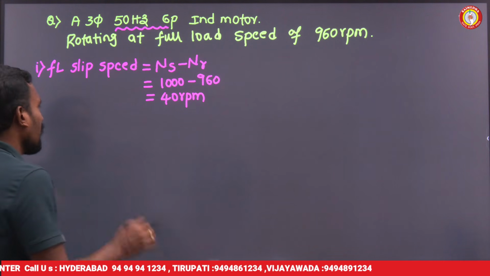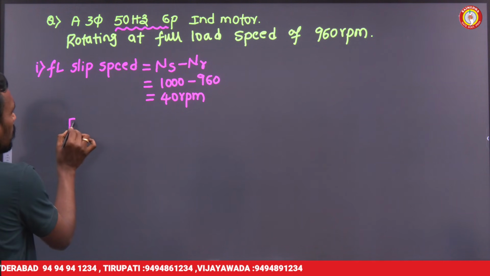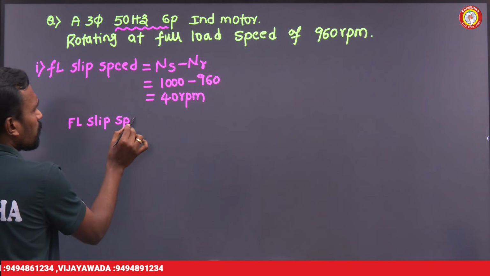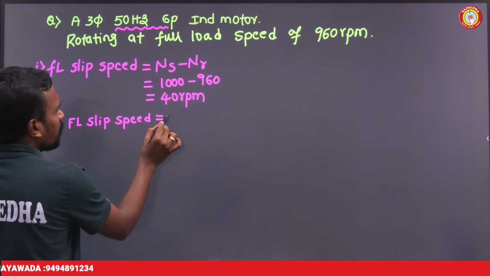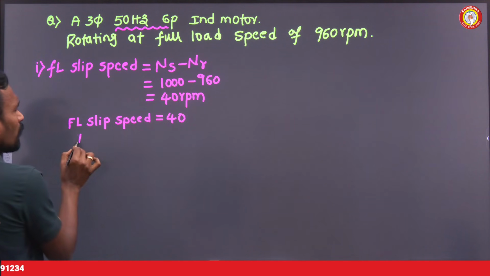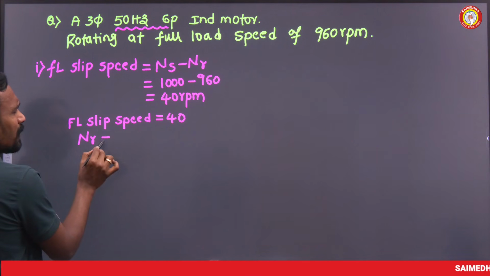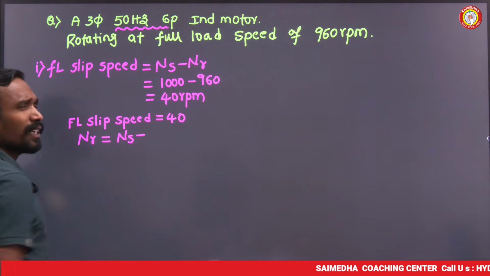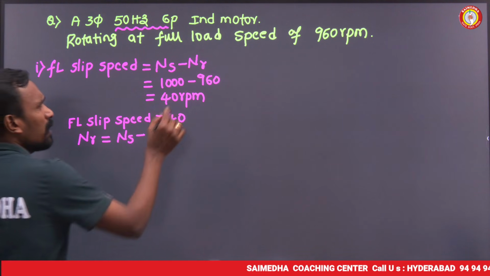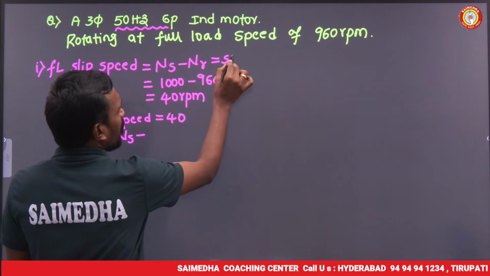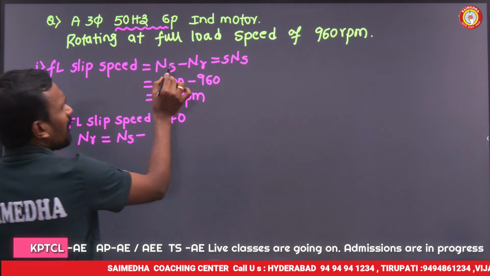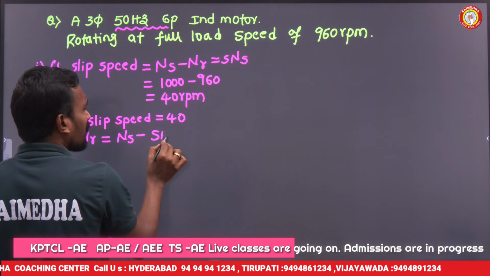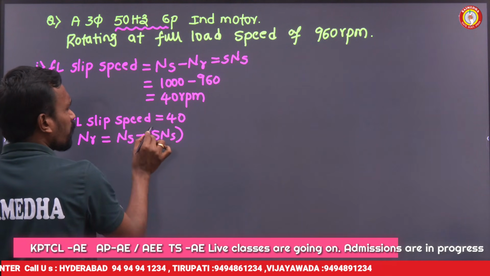For example, they will ask you, my full load slip speed is 40 rpm, then can you tell me the rotor speed? The rotor speed is equal to synchronous speed minus slip speed. What is the slip speed formula? The slip speed is nothing but Ns minus Nr, or slip speed is nothing but s into Ns, whatever it may be, both are the same.